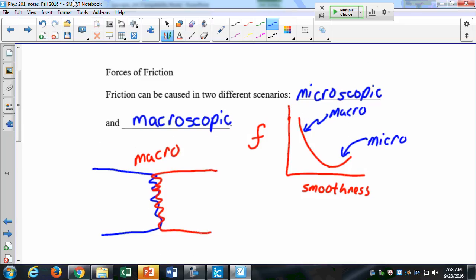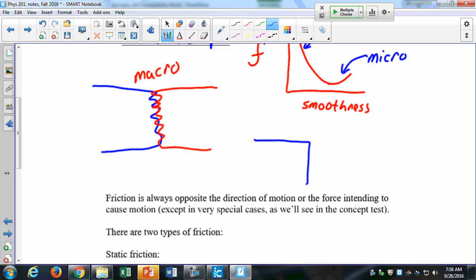Because as those two surfaces got smoother and smoother, a couple of things happened. First, the surfaces just get closer and closer together, so they have a greater surface area touching. But something else happens that's fairly interesting: as you make these surfaces smoother and smoother, they become in closer contact on the atomic or molecular scale.